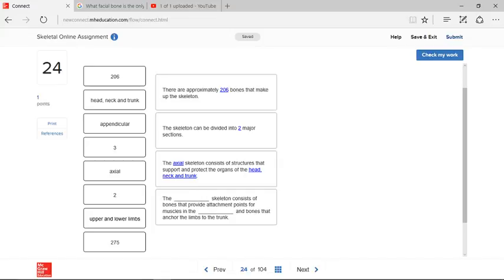The blank skeleton consists of bones that provide attachments, joints for muscles. The appendicular skeleton consists of bones. My God, I don't like this so far.